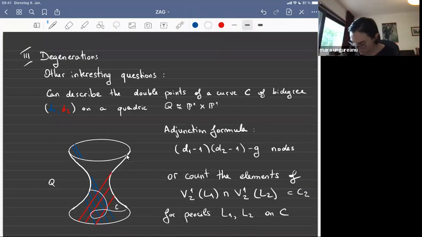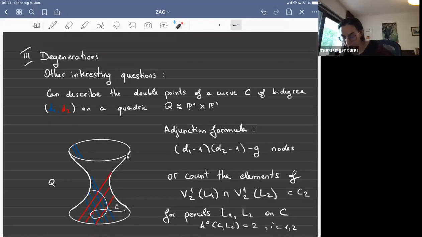And just a quick note, pencil means that h^0 is equal to 2. Okay, so to reiterate, what I'm saying is that it's the same thing to count nodes on this curve in my quadric surface, or to count the elements of this intersection.